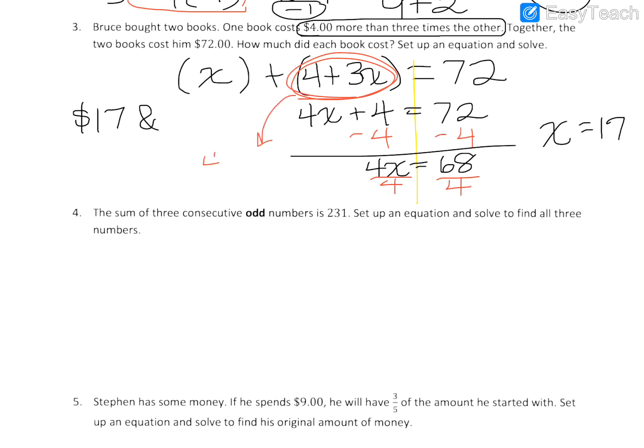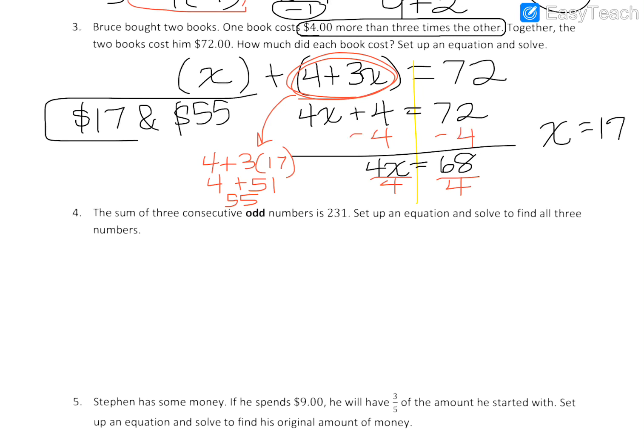So I'm going to plug in my $17 for X, because that's what I got for X. Okay? So 3 times 17 is 51. So my second book would be $55. Okay, so those are my 2 books.